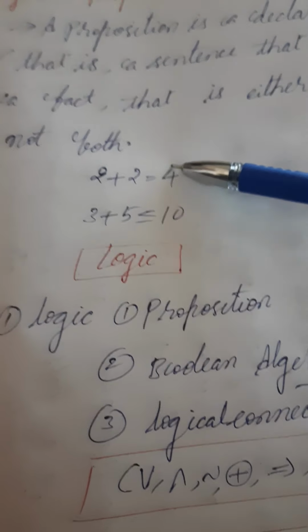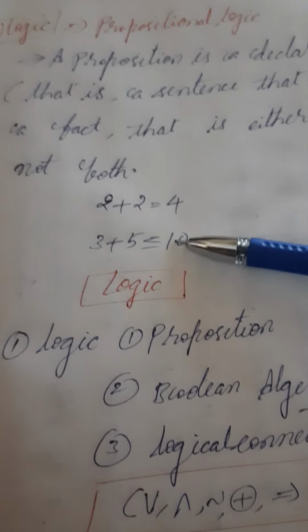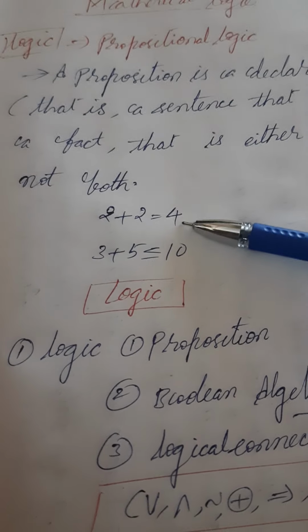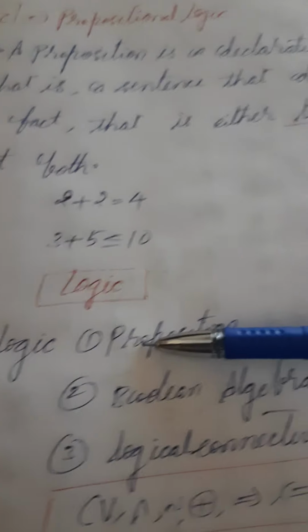Suppose 3 plus 5, that is 8, is less than or equal to 10. Sorry, it is less than, but it cannot be equal to 10. This is false. That is a proposition. We can say either it is true or false.